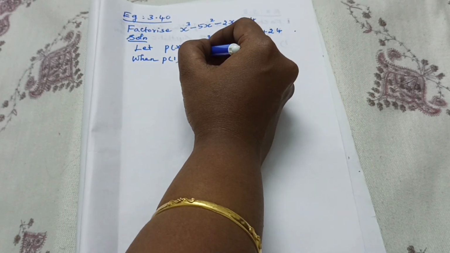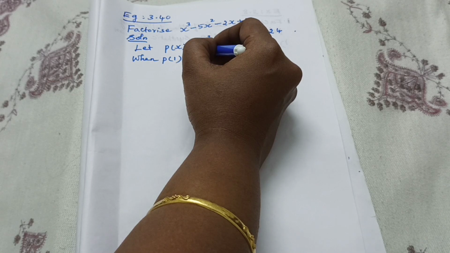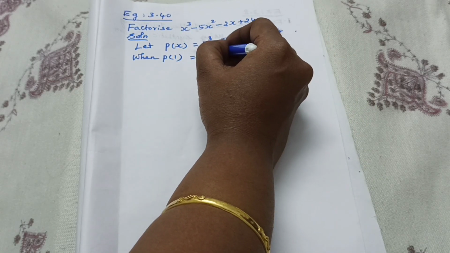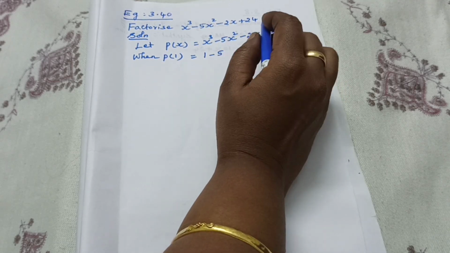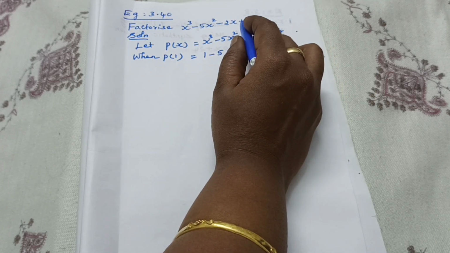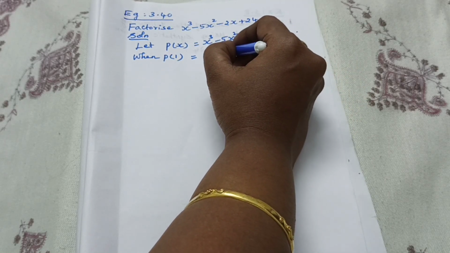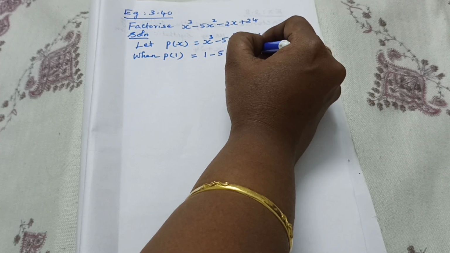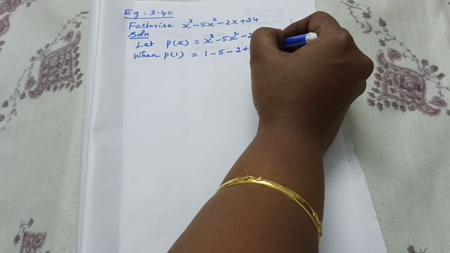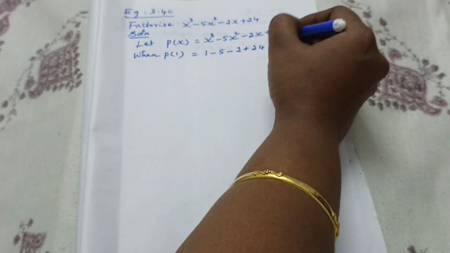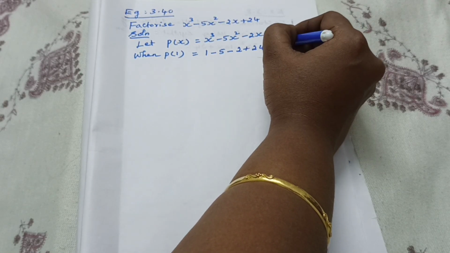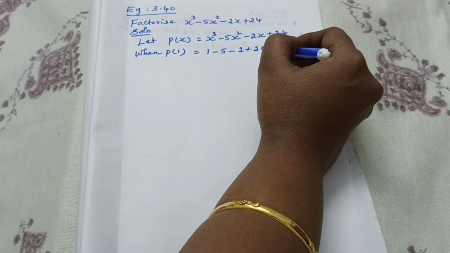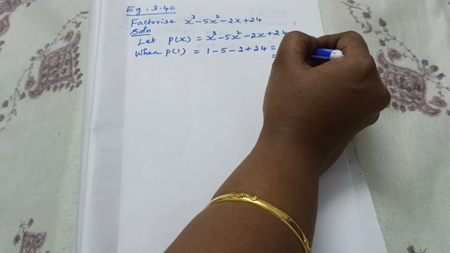Substitute x equals 1: 1 cube is 1, minus 5 into 1 square, which is 1, then minus 2 into 1 is minus 2, plus 24. Then add everything: 1 and 25... 25 we will get. 25 minus 7 is equal to 18. This is not equal to 0.